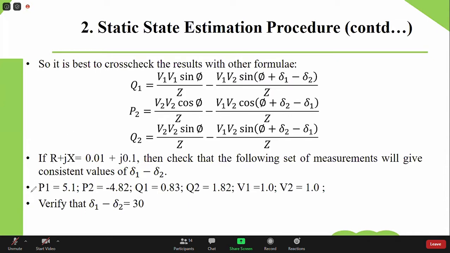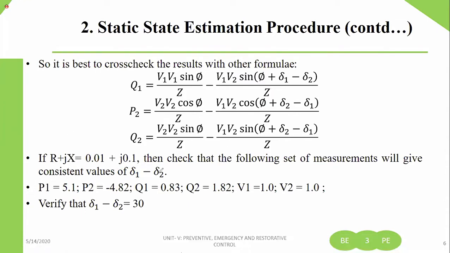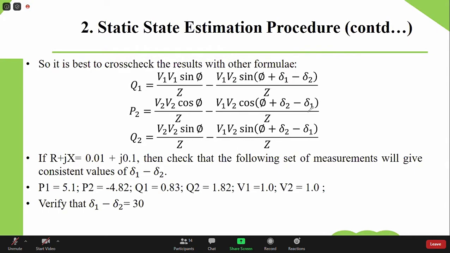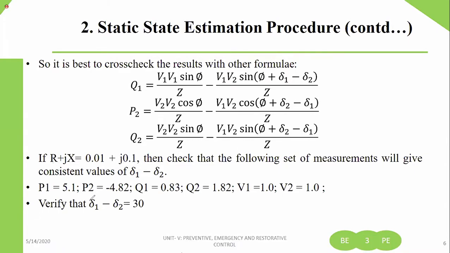First use the P1 formula, substitute and find del 1 minus del 2. Then substitute for P2: P2 is known, V1 is known, V2 is known, and phi you get from tan inverse of X by R. Then verify whether del 1 minus del 2 is equal to 30 degree or not. Actually it should come out, I have solved it, but I have not solved for the individual ones.